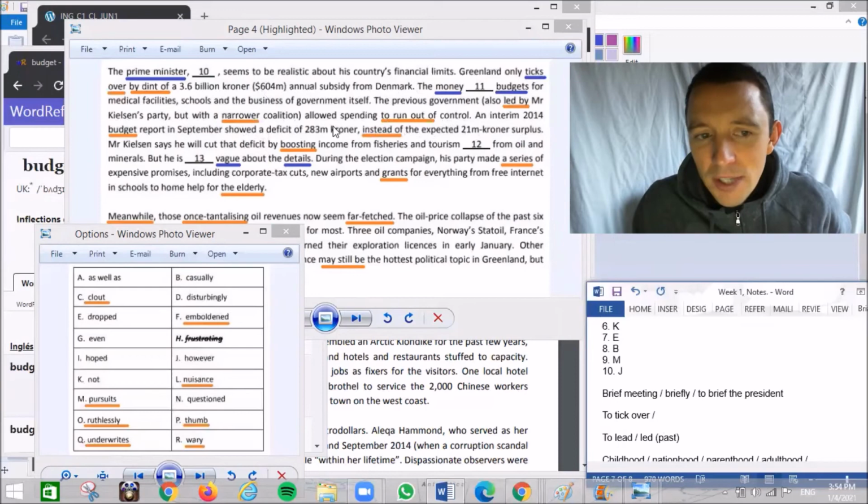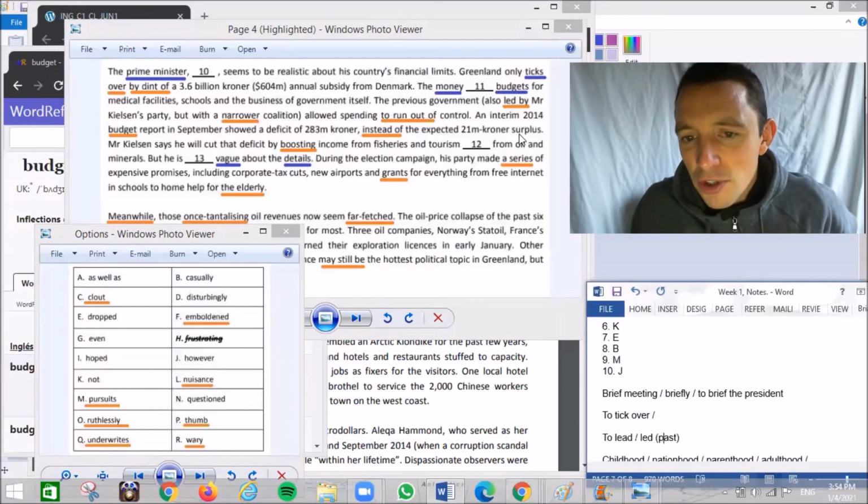An interim 2014 budget report in September showed a deficit of 283 million kroner instead of, en lugar de, the expected 21 million kroner surplus.